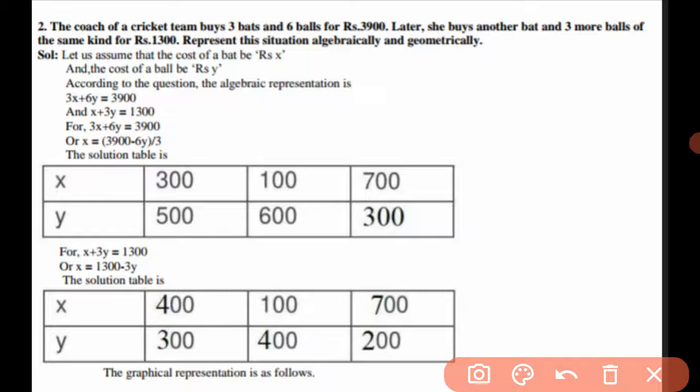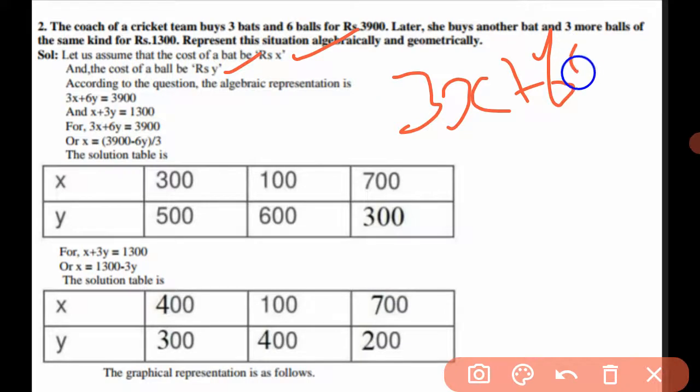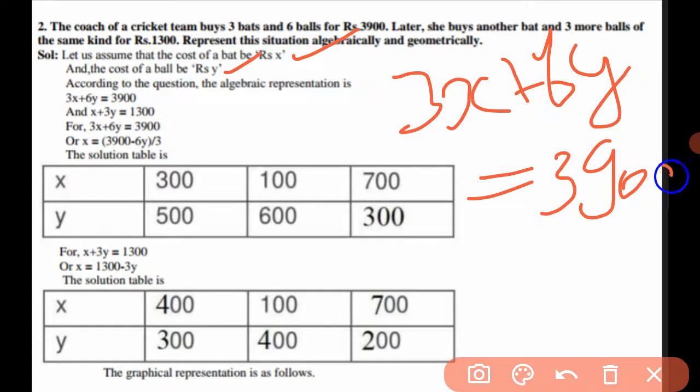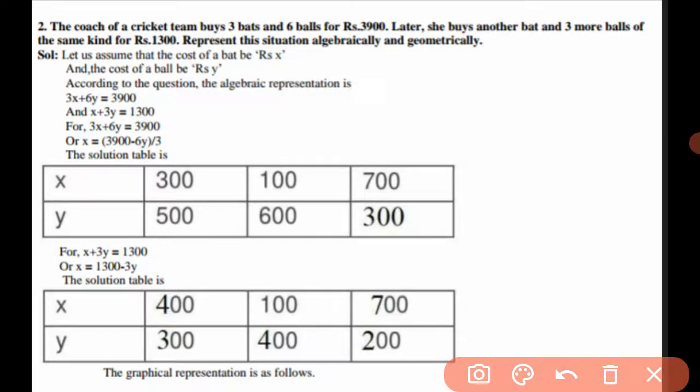According to the question, let us assume the cost of one bat be x and the cost of one ball be y. The cost of 3 bats and 6 balls is 3,900, meaning 3x plus 6y equals 3,900.